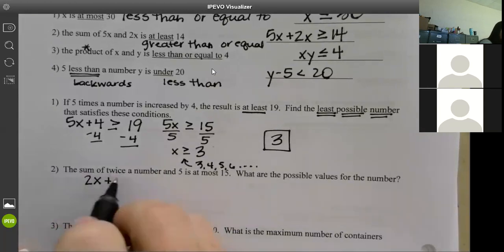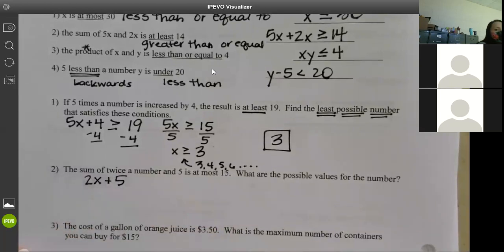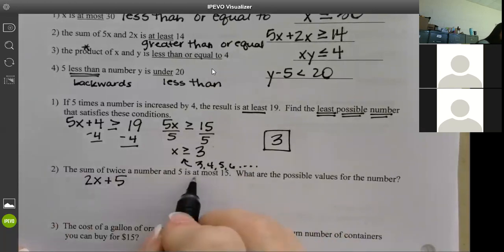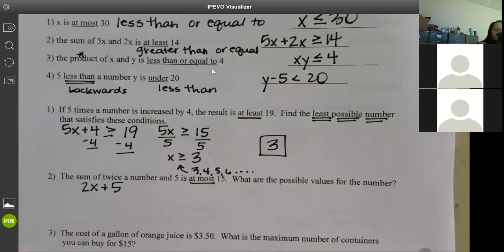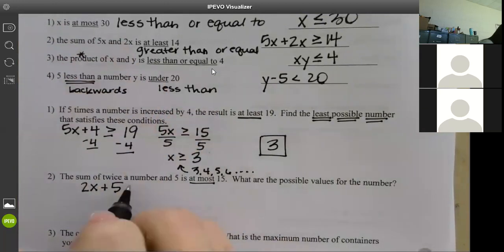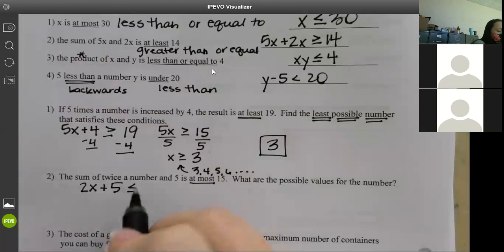Add and 5. Perfect. The sum of twice a number, 2x, and 5. At most, what did we use for at most up there? Look in your examples 1 through 4. Find at most. Less than or equal to. Perfect. Use that cheat sheet. And then 15.